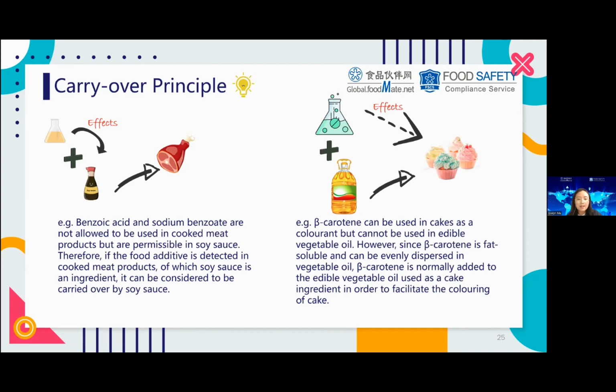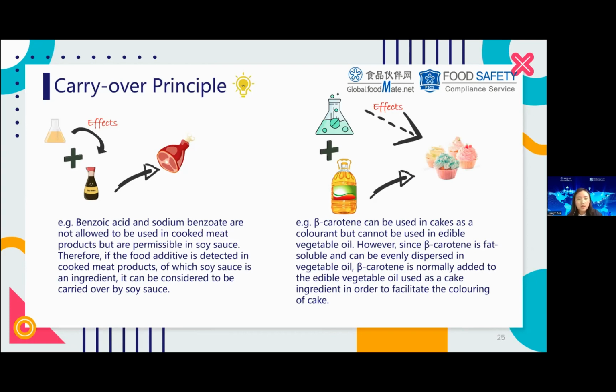These additives are not allowed to be used in cooked meat products, but they are allowed in soy sauce. Therefore, if these food additives are detected in the cooked meat product that contains soy sauce as an ingredient, it can be considered compliant with the carryover principle.